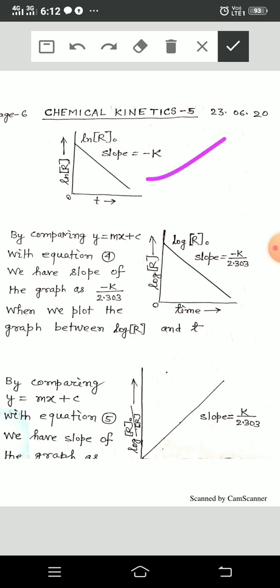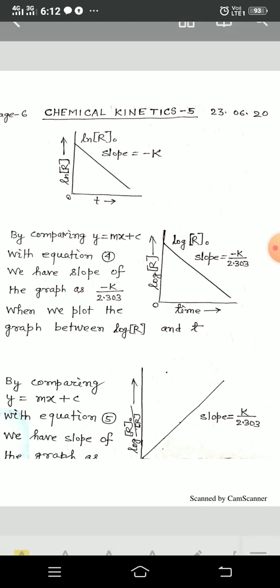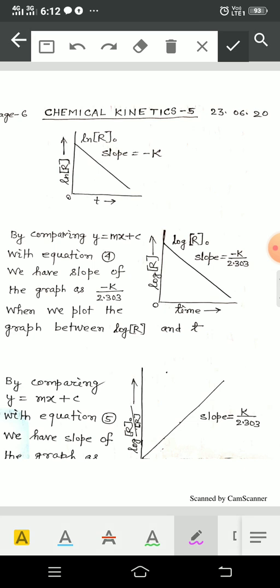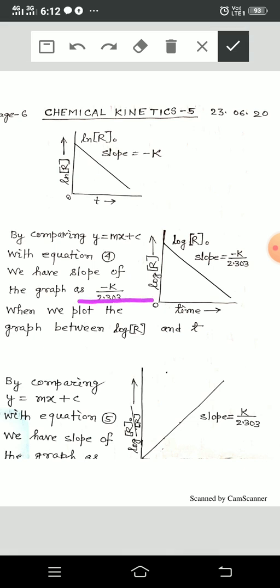Now when you compare y is equal to mx plus c with equation 4, the slope of the graph is minus k by 2.303.